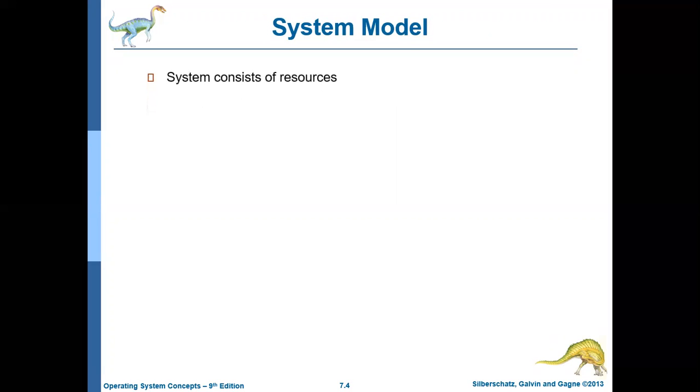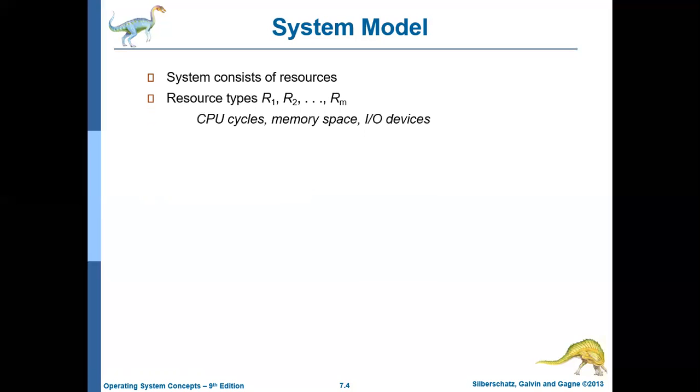As you know, in a multi-programming system there will be many processes running in the computer, and the system consists of different types of resources. The processes will be competing for different resources. Resources include CPU time, memory space, and IO devices.